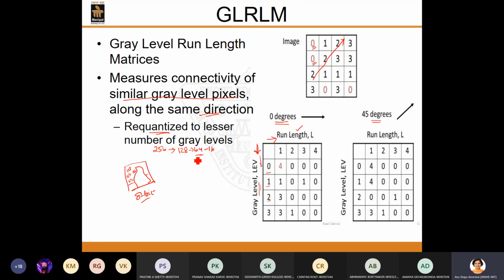The basic idea is that it is re-quantized to a lesser number of gray levels in order to ensure that the homogeneous regions are considered with the same pixel intensity values. Therefore the number of gray level entries, or rows, in the GLRLM matrix also reduces. Same way in GLCM also, re-quantization is usually done to a lesser number of gray level intensities, and then the matrices are calculated.